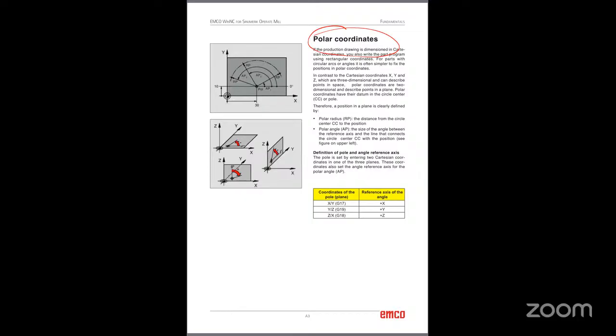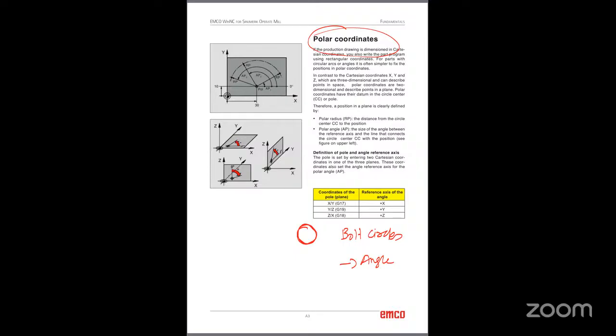Where will we use this polar coordinate system? For example, in some cases, we will machine circular holes, or bolt circles, or in some cases, shapes based on angle. To program this type of shapes, it is very good to use the polar coordinate system.